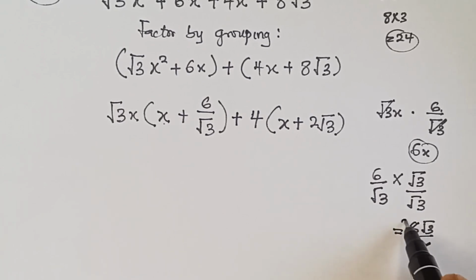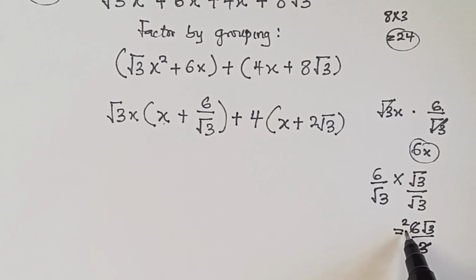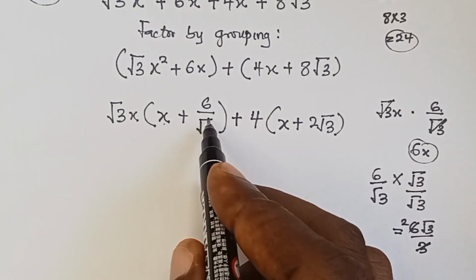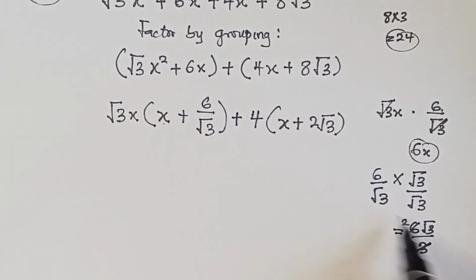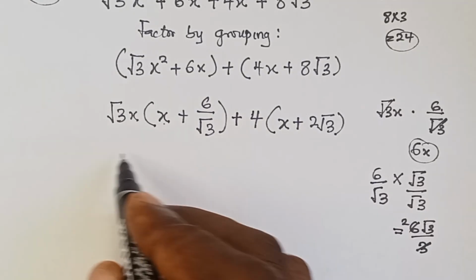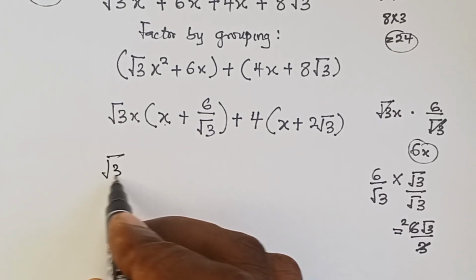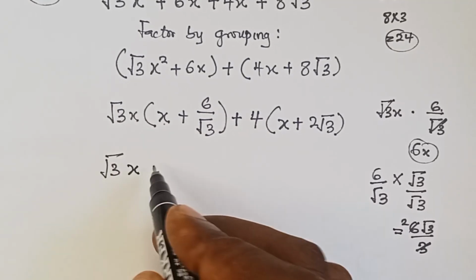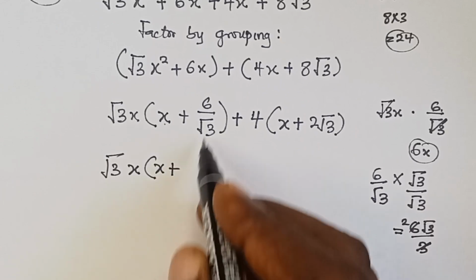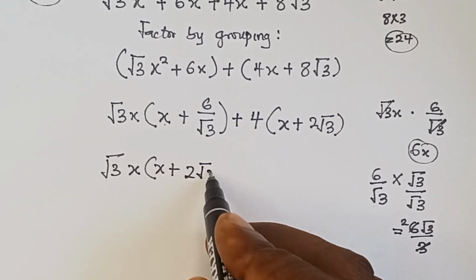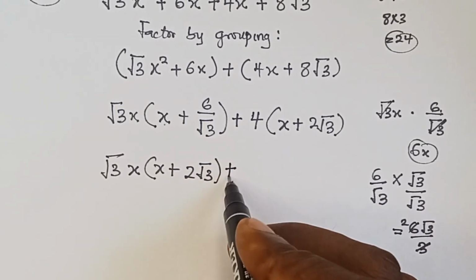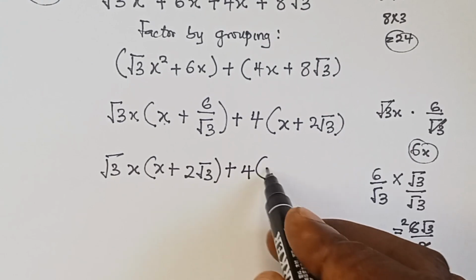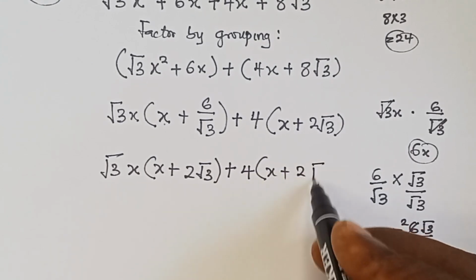And 3 here 1, 3 here 2. So we have 2 root 3. If we rationalize 6 over root 3, we have 2 root 3. Then we write this as square root of 3x over x plus 2 root 3. After rationalizing it, then we have 4 over x plus 2 root 3.